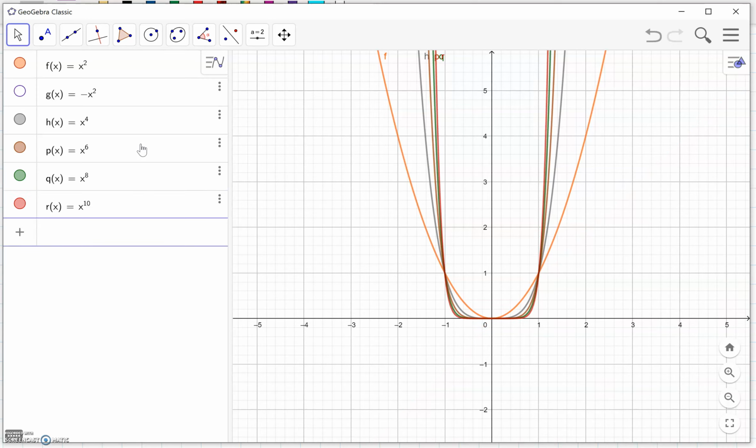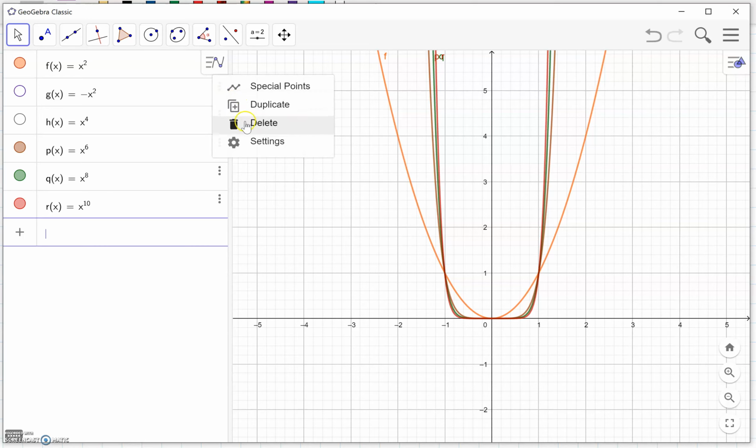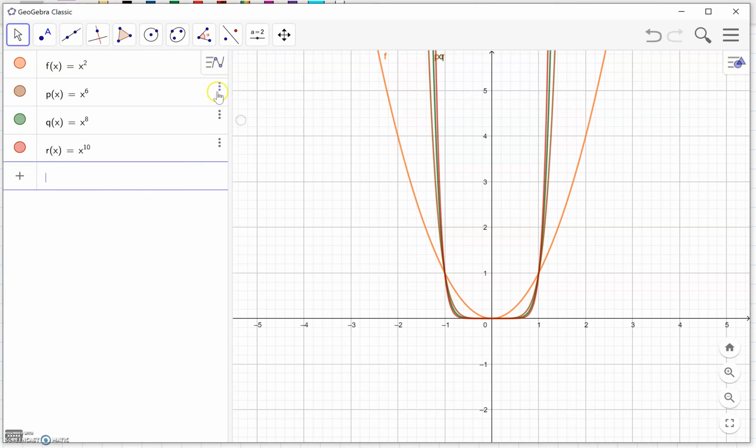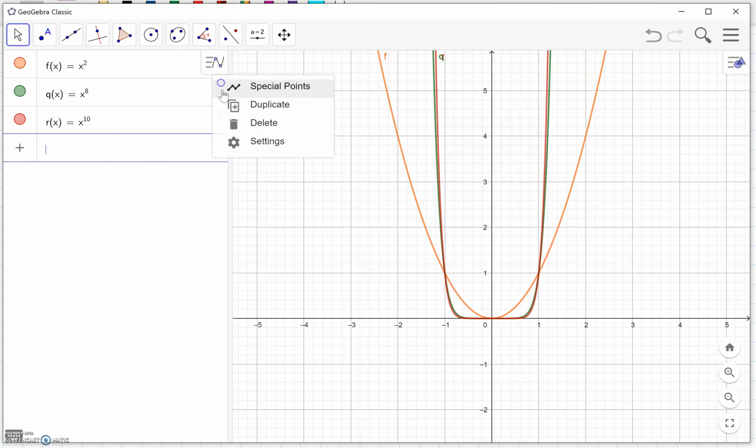However, it will always be slightly rounded. They will never be square, because that's not possible with these types of functions. And you can see those arms are becoming steeper and steeper. So this is a general trend with even numbers of n. So if n is an even number. We're going to turn all of these off now, or I might even just delete them all, because you can see this is what happens with even functions.